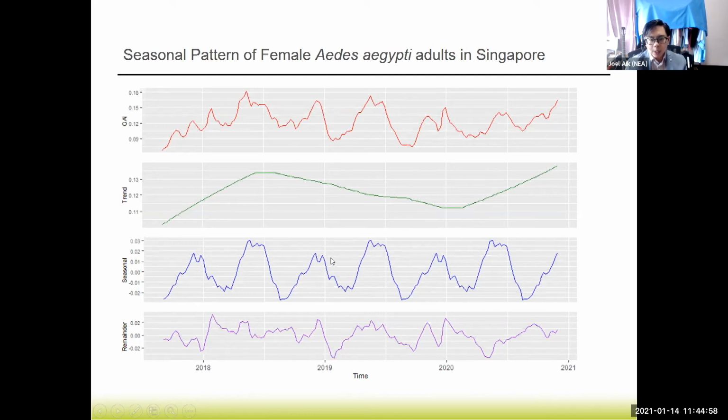And we also see that there is a second peak towards the end of the year, but the seasonal pattern for the rise in cases towards the end of the year was less obvious in the reported dengue infections that we saw. So collection of entomological data through your surveillance program also enables you to understand what might be driving dengue infections at different points in the year.